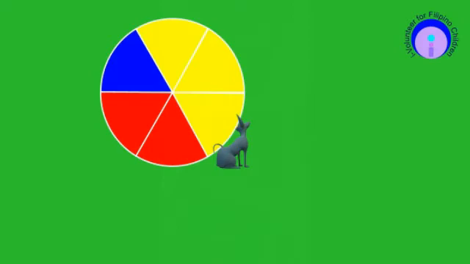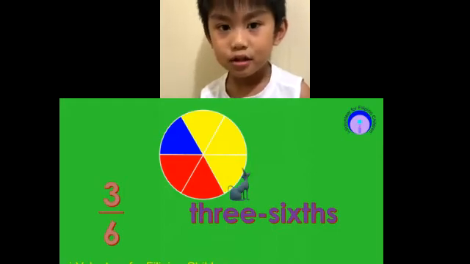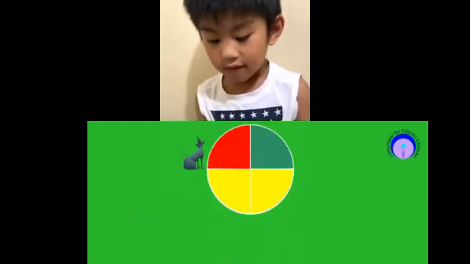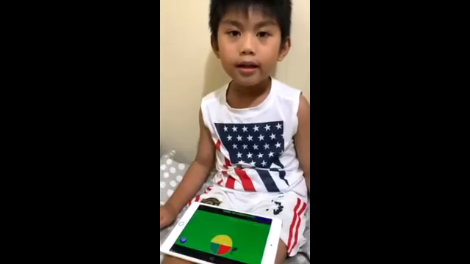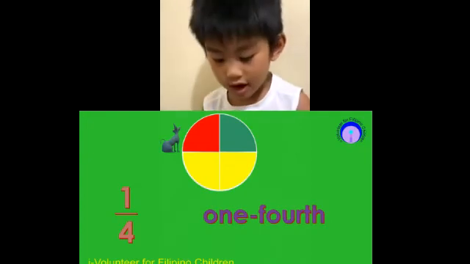The fraction is 1/6. One sixth. The fraction is 3/6. Three sixths. The fraction is 1/4. One fourth.